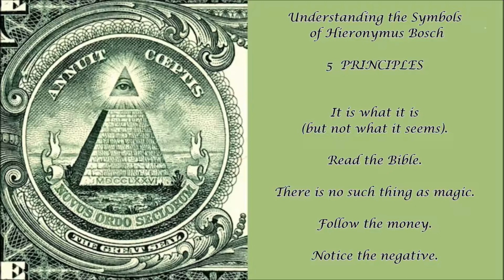You had that parting of the Red Sea, the plagues, the staffs that turned into snakes, all that magical stuff. And because one of our prime principles is that there is no such thing as magic, that tells you all that stuff was a lie. That was a deception. So an Egyptian symbol is a symbol of deception.